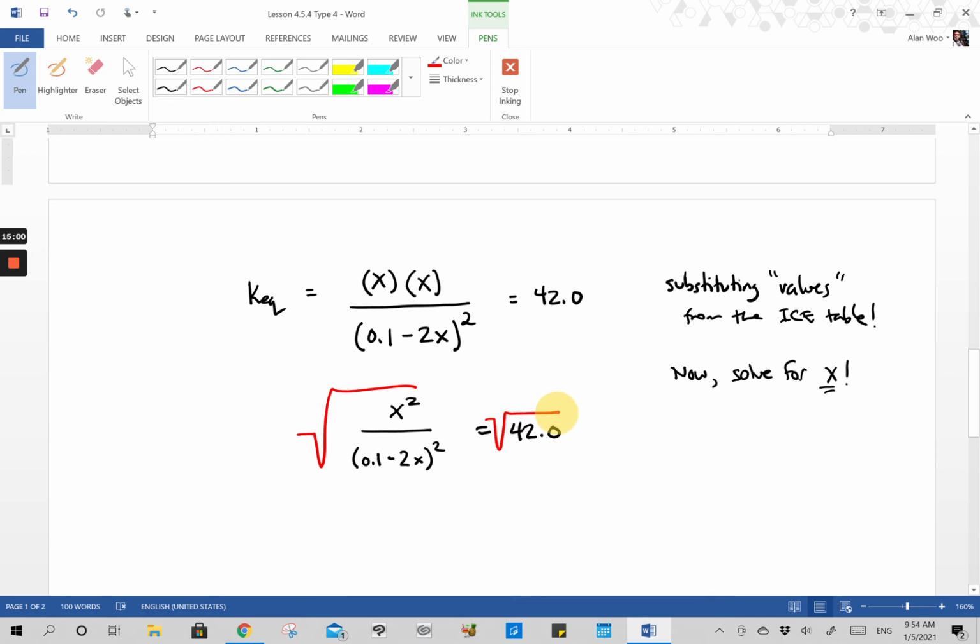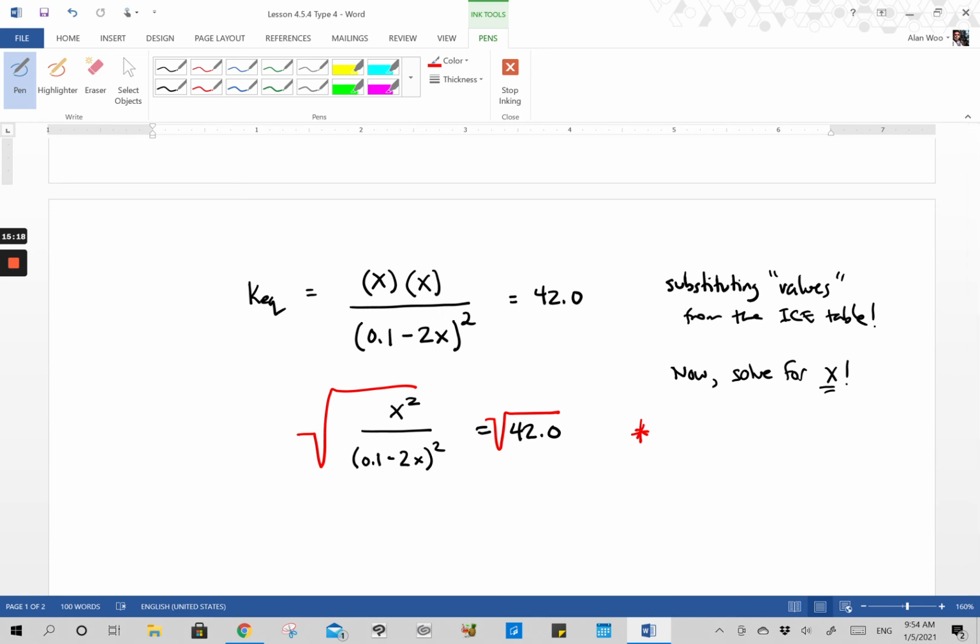Okay, so this is a very special situation here because you might not be able to do this all the time. And if you can't do this, then it's not a type 4. It'll be a type 5, which we'll go through tomorrow.